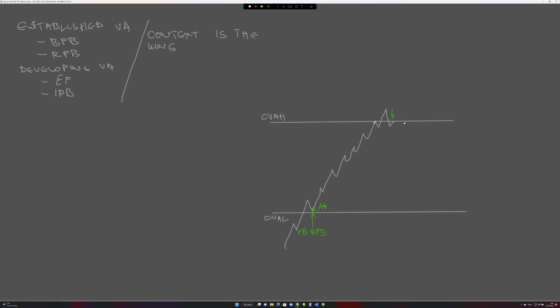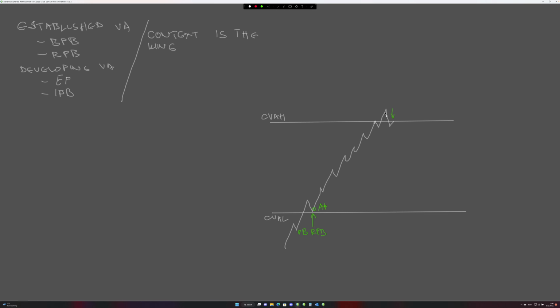What is the mechanics behind that? We go into the resistance, we bounce down a little bit, then we break above, and what actually happens, from auction market theory, is that buyers are not interested anymore in paying these higher prices.